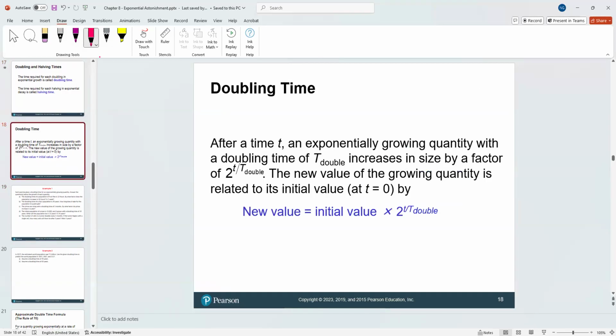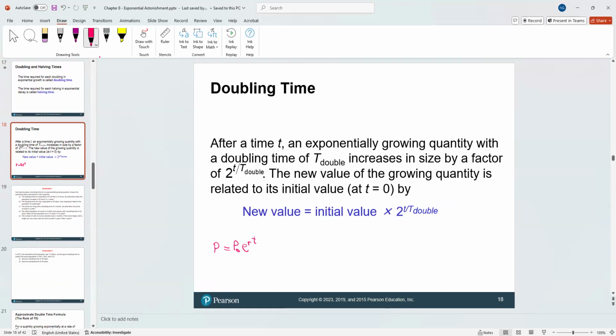If we consider it as populations, we know the population at time t is equal to the initial population times e to the power rt, where r is the growth rate and t is a period of time. So that's a formula for it.